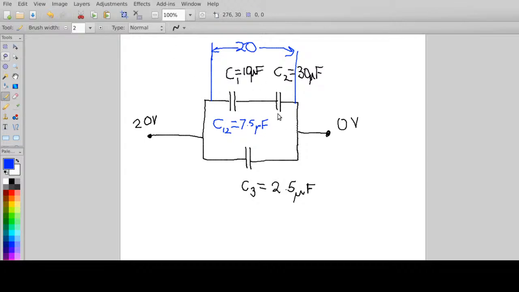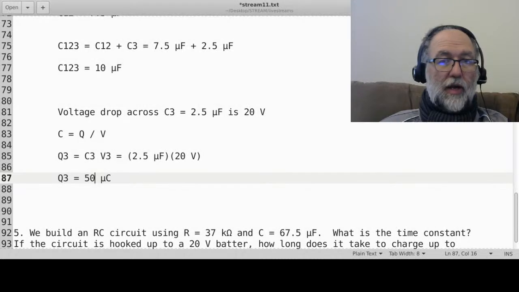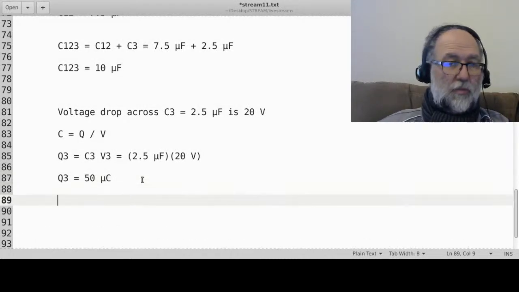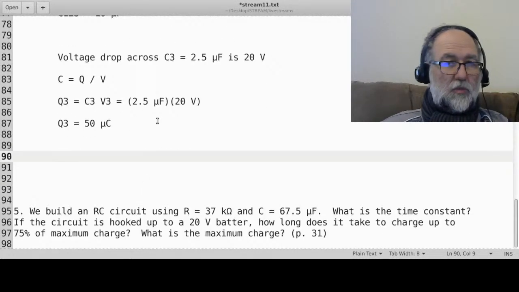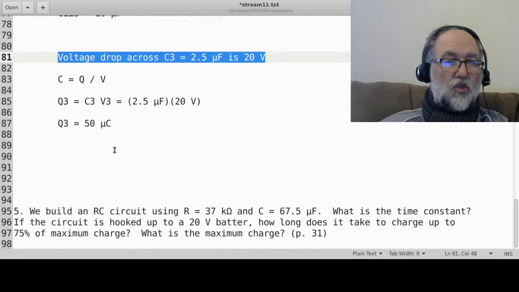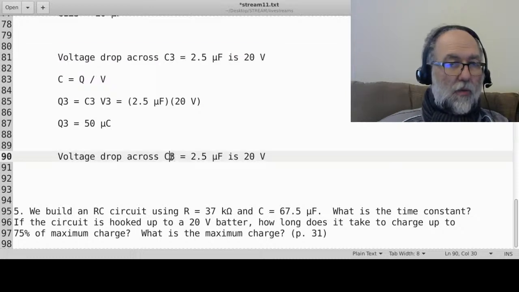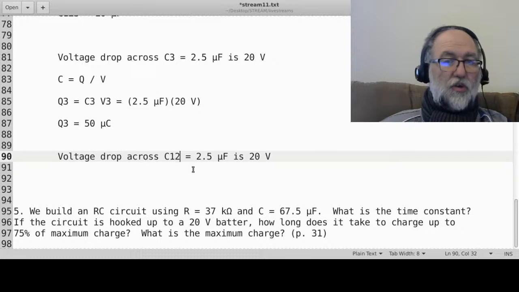It's like the effective charge that's on both of them. There's another way to do this too, but I think this is the easier way. So instead of voltage drop across C3, we're going to say voltage drop across C12, which has a capacitance of 7.5 microfarads, is 20 volts.